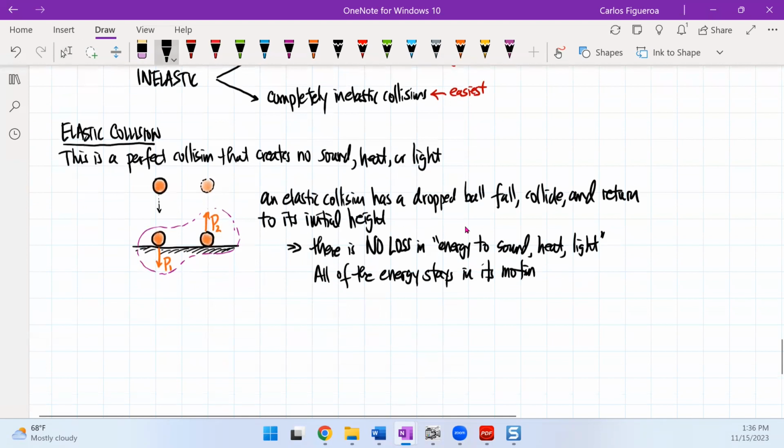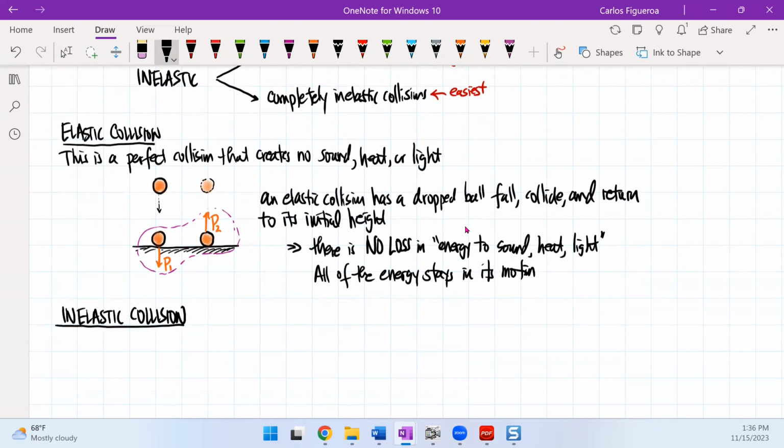So what's an inelastic collision? An inelastic collision is not a perfect collision.